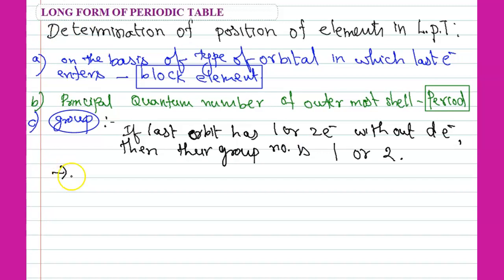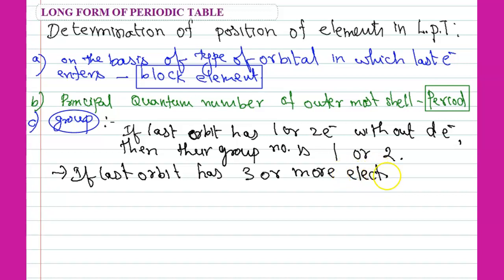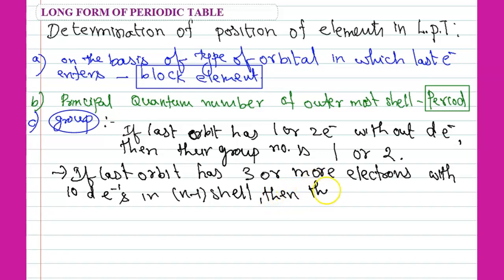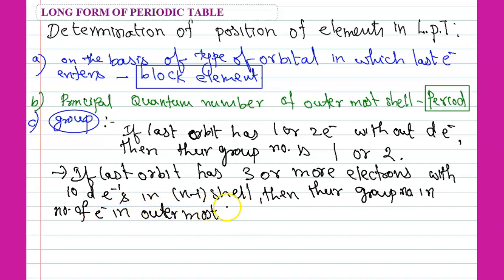Suppose the last orbit has 3 or more electrons with 10 d electrons in the n-1 shell, then their group number is the number of electrons in the outermost shell plus 10.